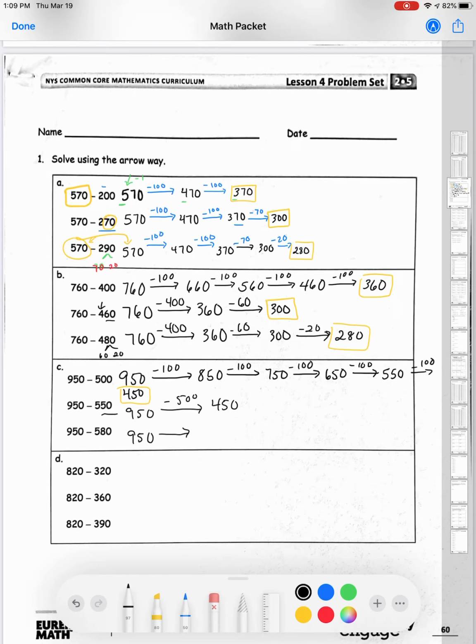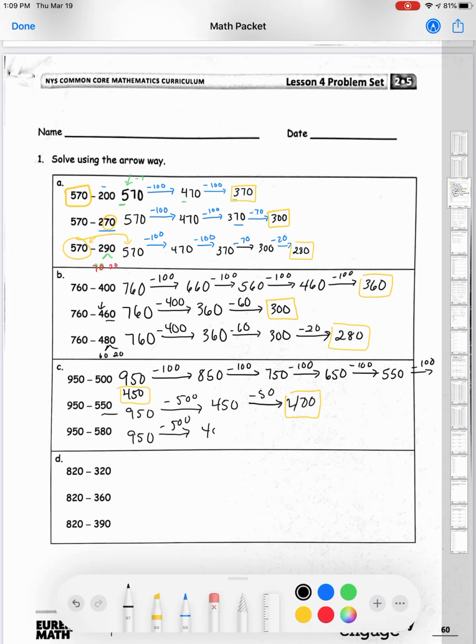Yeah. Okay, so now let's subtract that 50, right? The 5 ones. And so now I'm at 400, right? Okay. So now I can box that answer because now I'm at the end of this problem. All right. So now here, back to this one, I know it's 500.